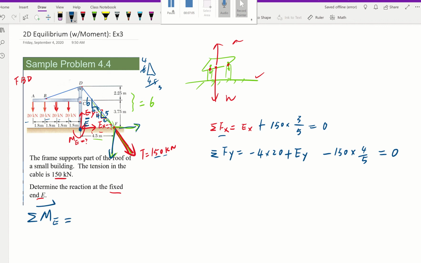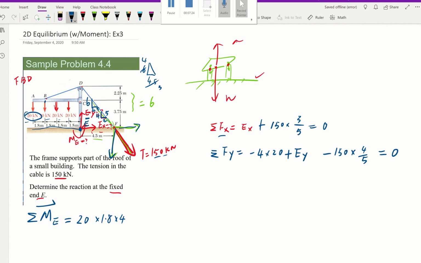Okay. So first is this 20 kilonewton at A, rotating about E. The moment arm will be 4 times 1.8, and that rotation is counterclockwise, so that's positive.